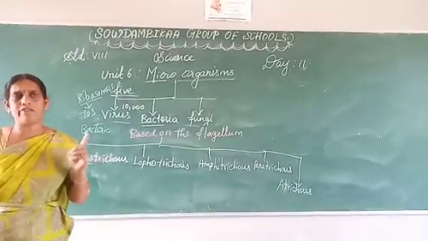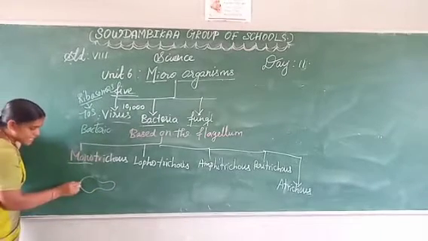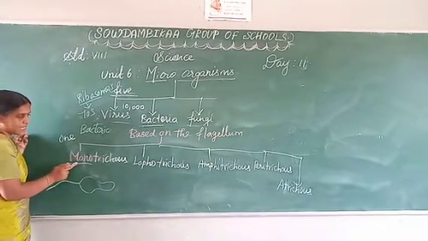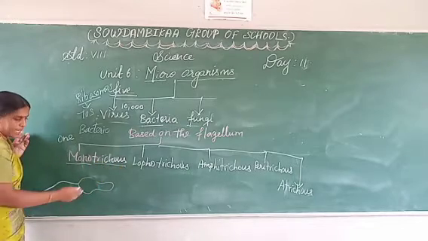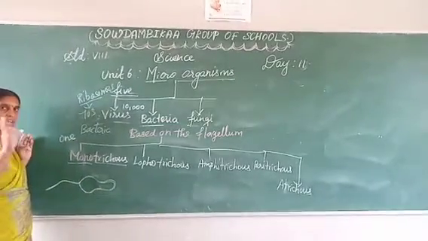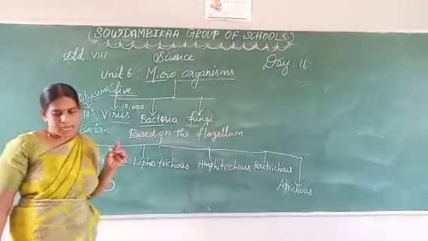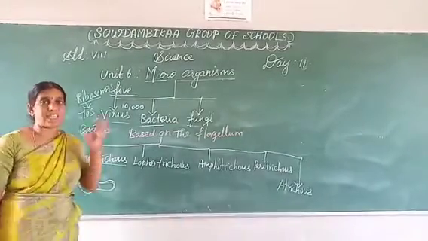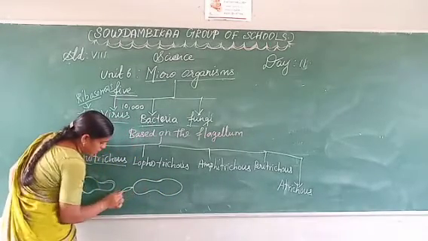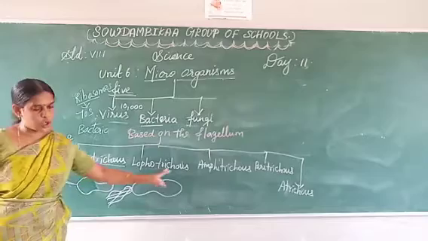A single flagellum at one end is called monotrichous. Next one is the lophotrichous: a tuft of flagella at one end, a bunch of flagella at one end. That is called the lophotrichous.